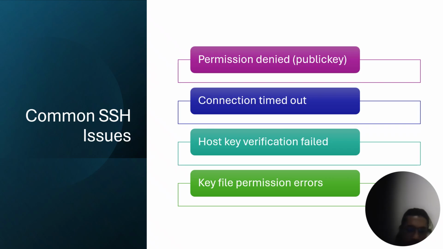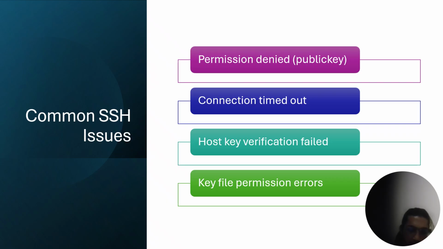Check that you are using the correct .pem file and username. Connection timeout: this happens when port 22 is blocked or your security group does not allow SSH for your IP.